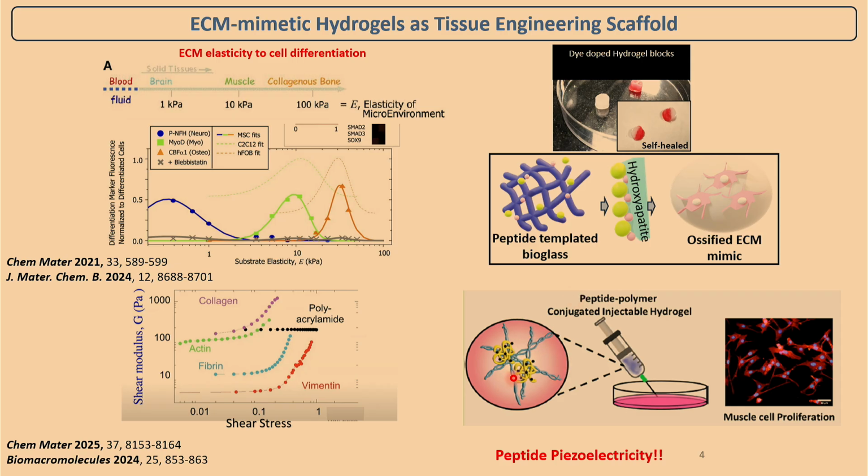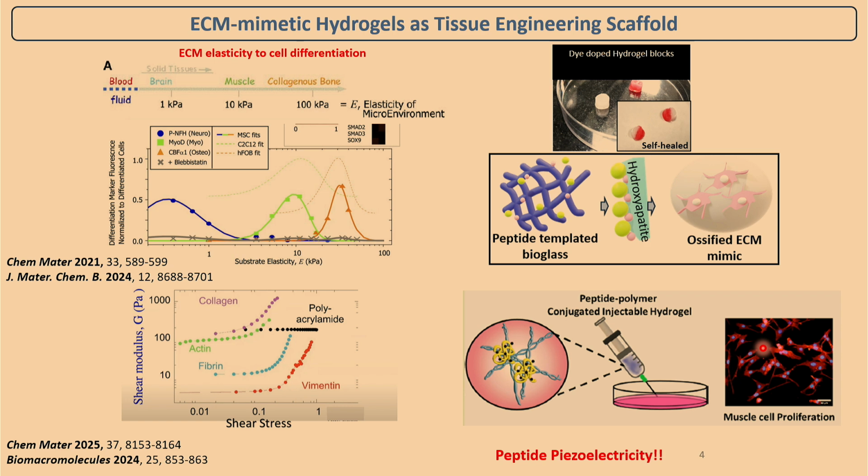You can make this peptide and join it with some polymer, and we are experts in polymers too. So we can conjugate them well and have injectable gels, and they can give very nice muscle cell proliferation. We have looked at it in animal studies and wound healing, and it shows amazingly good behavior. I am not going to show all this here; I just wanted to briefly give you our inspiration.